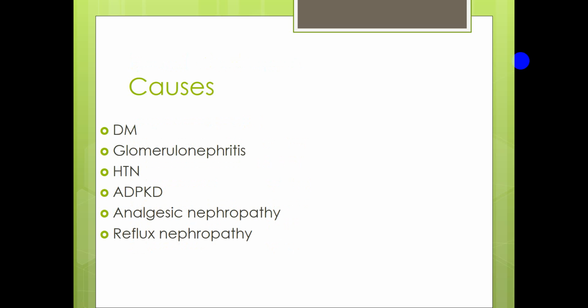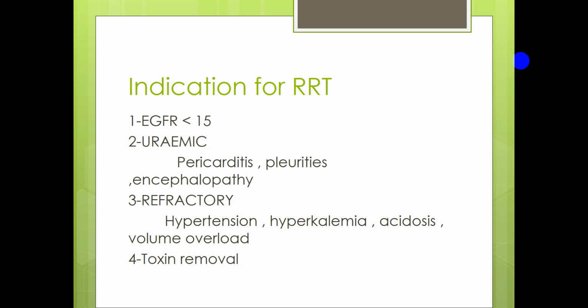So what are the causes of renal affection? Diabetes mellitus, glomerulonephritis, hypertension, autosomal dominant polycystic kidney disease, analgesic nephropathy, and reflux nephropathy. The three most common causes are diabetes mellitus, glomerulonephritis, and hypertension. What are the indications for renal replacement therapy?